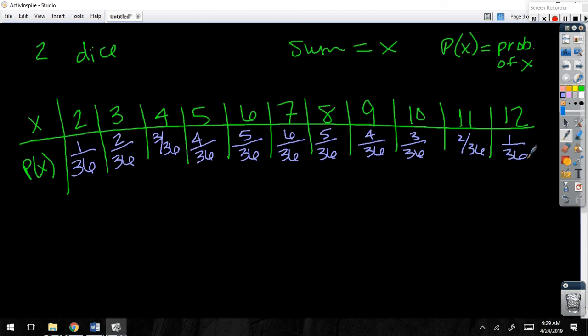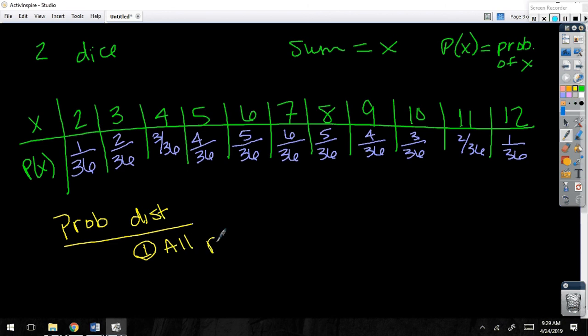Okay, so a couple things. This is what we call a probability distribution. It lists all the probabilities. Now, in a probability distribution, there are a couple of requirements. One, all probabilities must be positive.